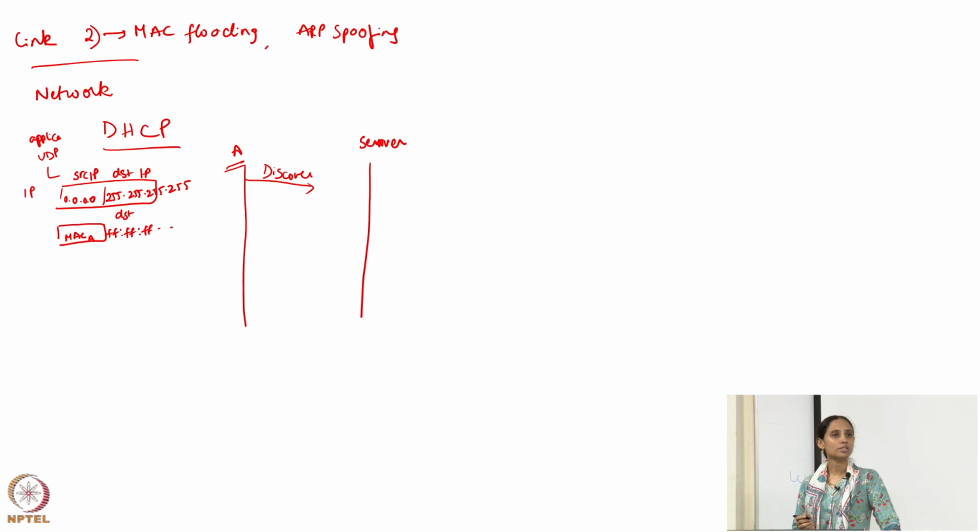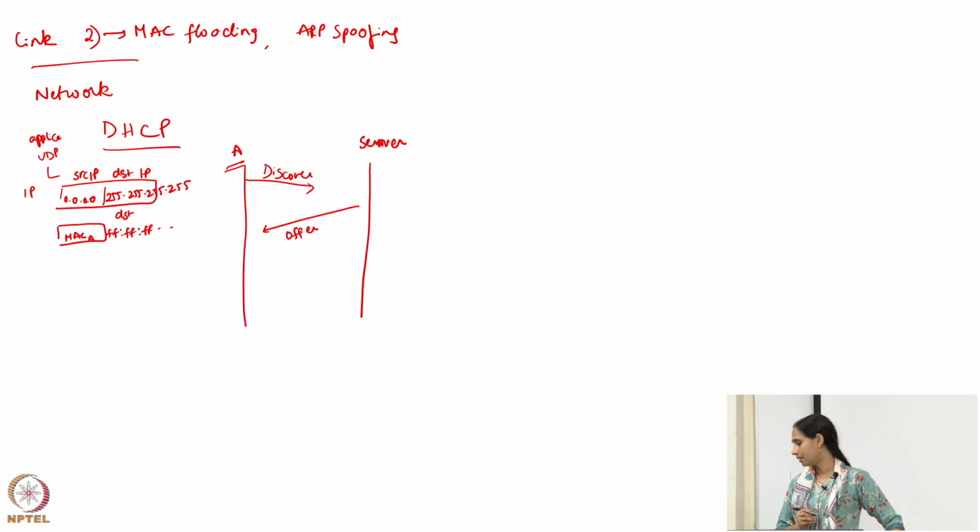What this ensures is that this DHCP packet is sent to all the hosts that are part of that local area network, and assuming the DHCP server is also in that local area network, the DHCP server will also get this packet. Others will ignore it, whereas the DHCP server, because it is a DHCP packet, will act on it.